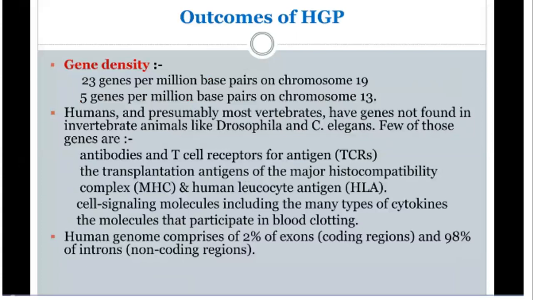Then gene density: on chromosome number 19 there are about 23 genes per million base pairs, and on chromosome number 13 there are about 5 genes per million base pairs.